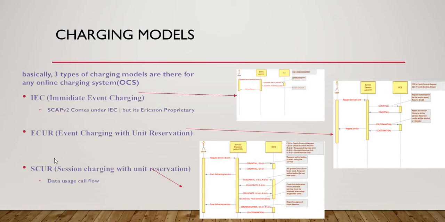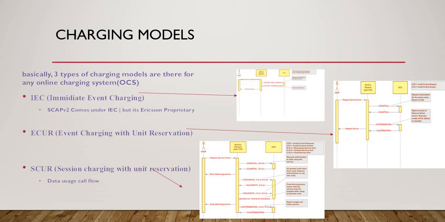The first model here is IEC, which is immediate event charging. As the name suggests, the user will click on buy now from any service provider, and immediately this request will go to the source from where the charge has to be deducted, either a wallet, a telecom bill, or your main account balance.